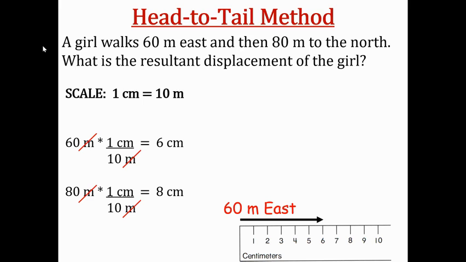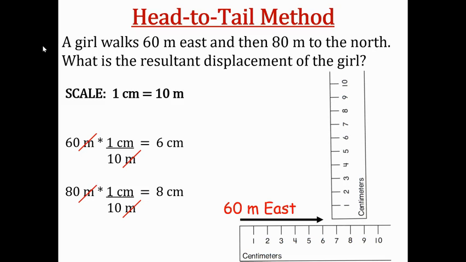Next, I'm going to draw my 80-meter north vector by moving my ruler to be perpendicular to my original vector pointing east, and I'm going to draw my northward pointing vector with the tail starting at the head of the vector that I have on my paper.